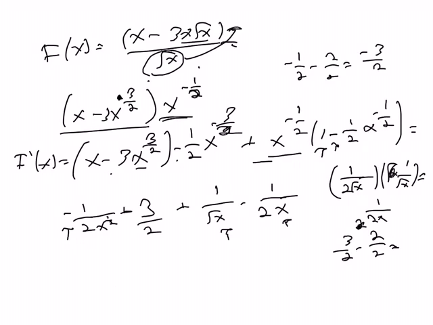Wait, there should be, okay. This should not be a half, and this should not be a half, because we're taking the derivative of this. So there's a 3 here. Okay, the 3 comes down. That I agree with. Oh, no, it should, so it's 3 over 2 minus 2 over 2. So it should not be a negative a half. It should be a positive a half.